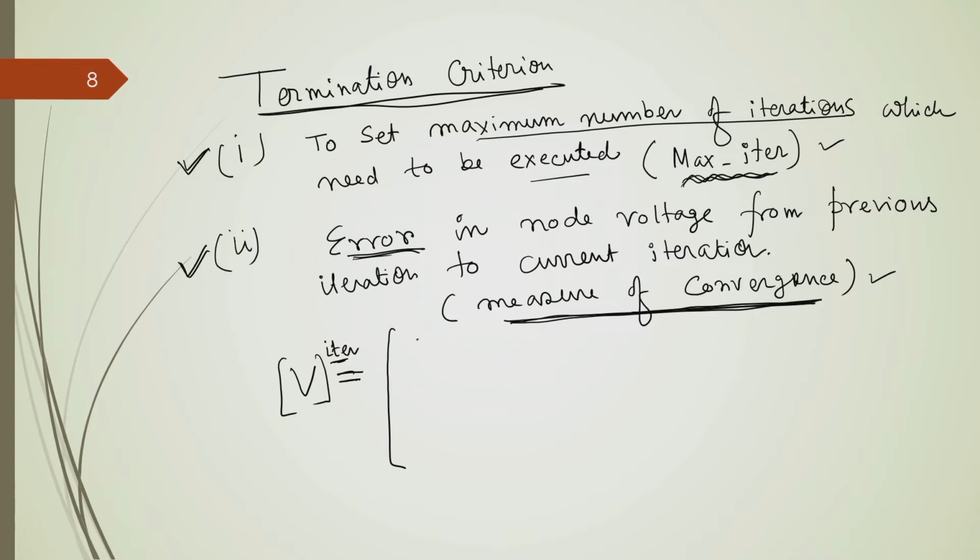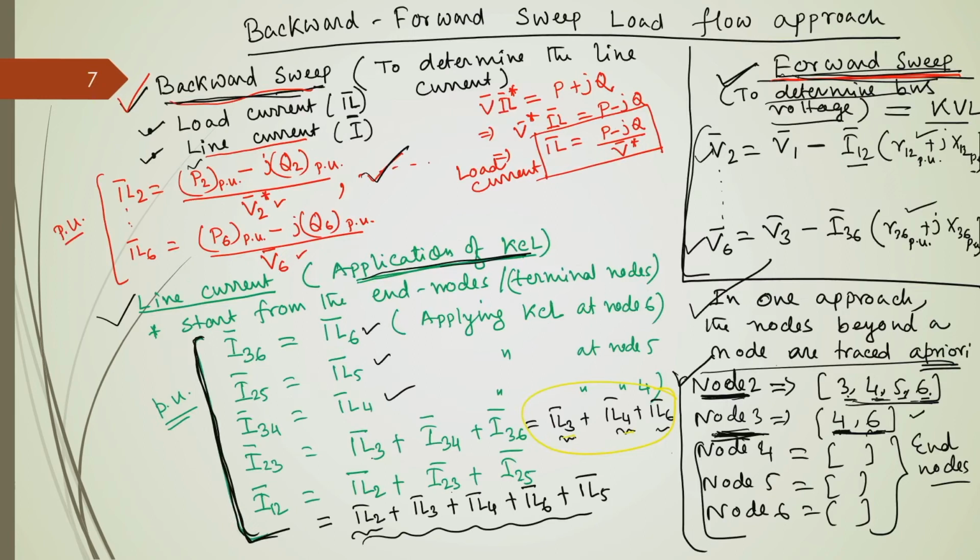Here we get these bus voltages V 2 iter, then V 3 iter. Here you can take the absolute value of these voltages, because these voltages are phasors, so I will take their magnitude only.